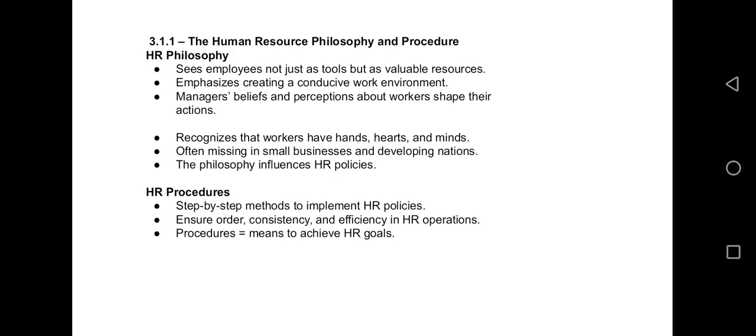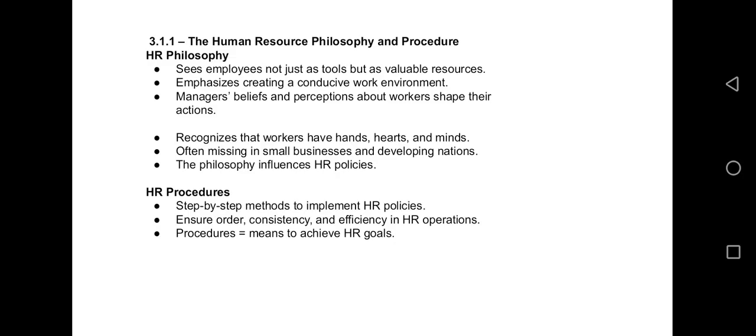Managers' beliefs and perceptions about workers shape their actions. 4. Recognizes that workers have hands, hearts, and minds. 5. Often missing in small businesses and developing nations. 6. The philosophy influences HR policies.